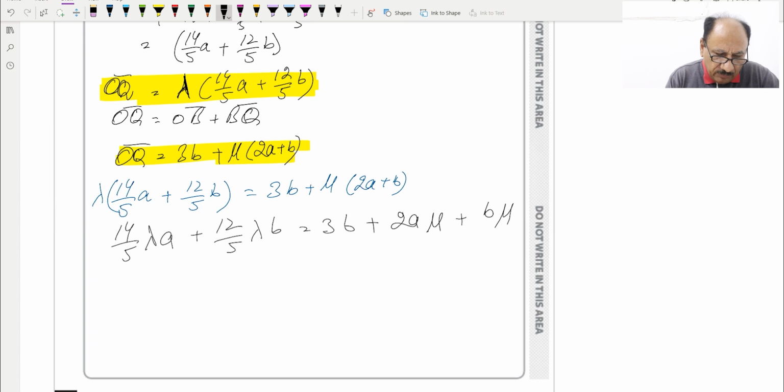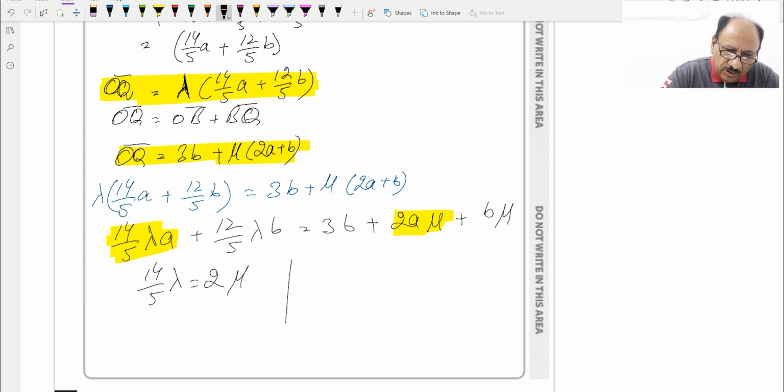So this side will be 14 by 5 lambda is equal to, we are comparing this with this one, which is 2A. So we are writing 14 by 5 lambda is equal to 2 mu. So I will rewrite mu properly.